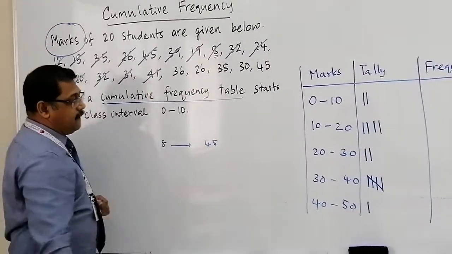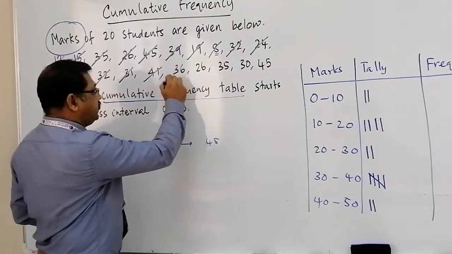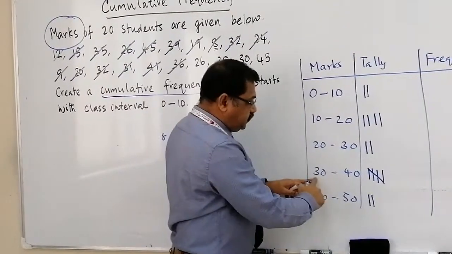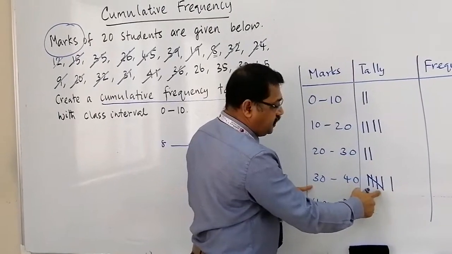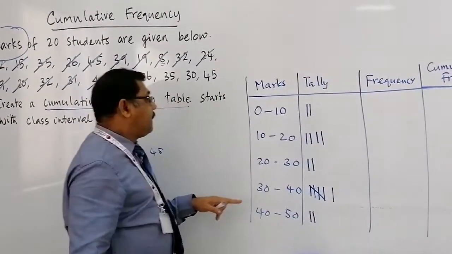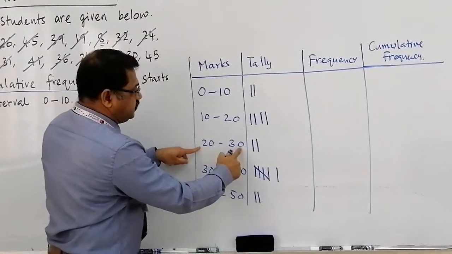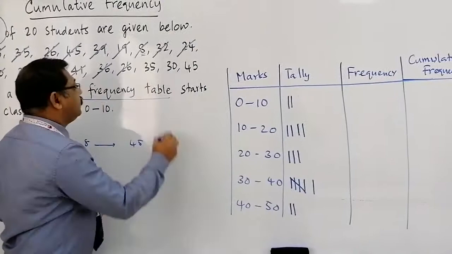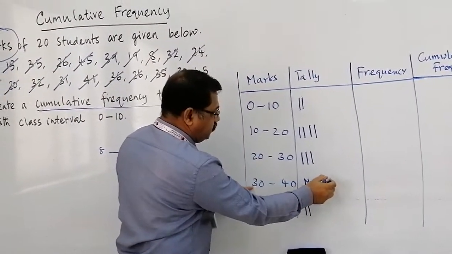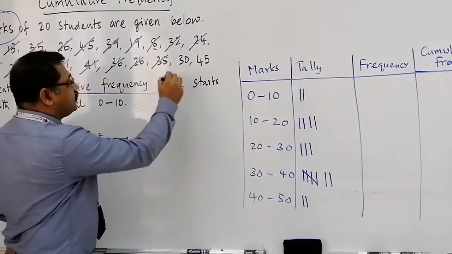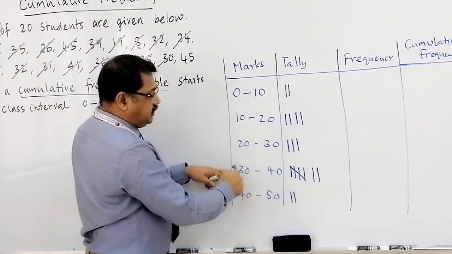Next one is 41, which falls in the last one. 36 is between 30 and 40, so it is going to be the sixth one. This is 5, then this is the sixth. 26 is between 20 and 30. 35 is between 30 and 40 again, so it's the seventh one. 30 is again a border data.